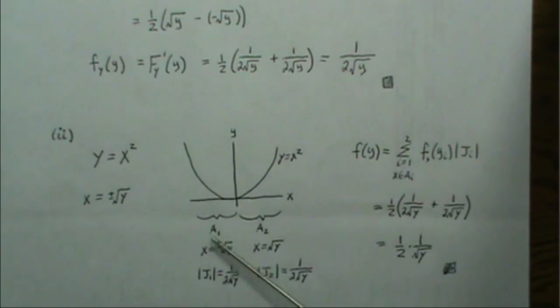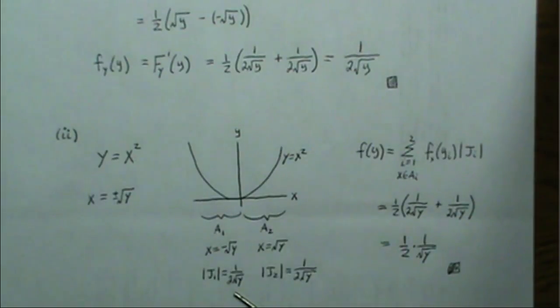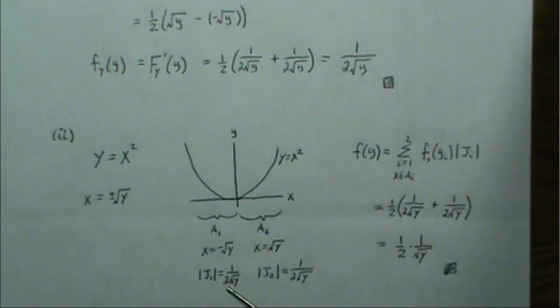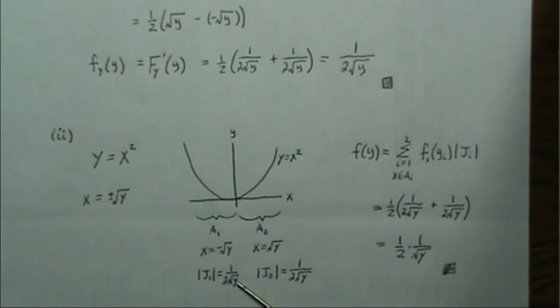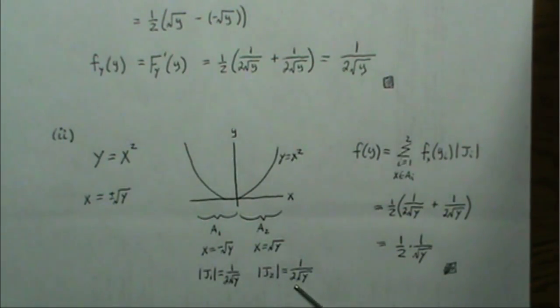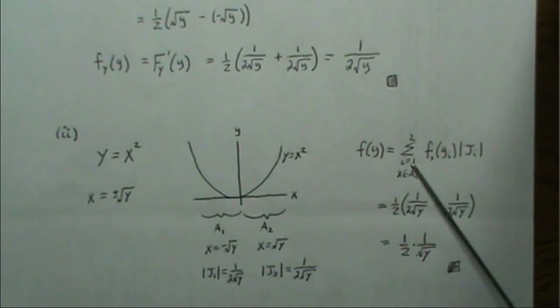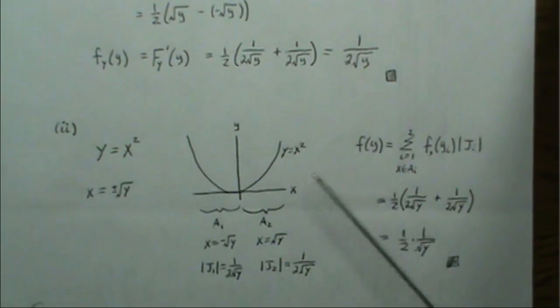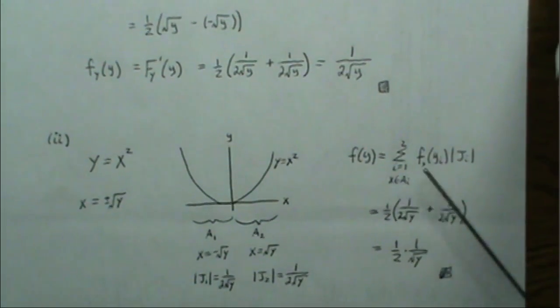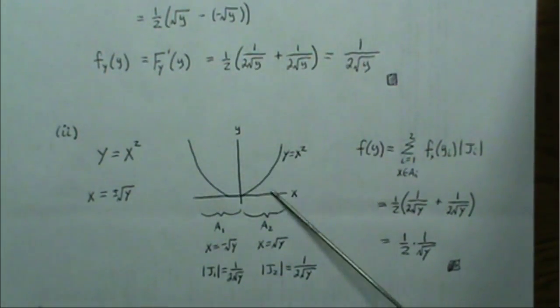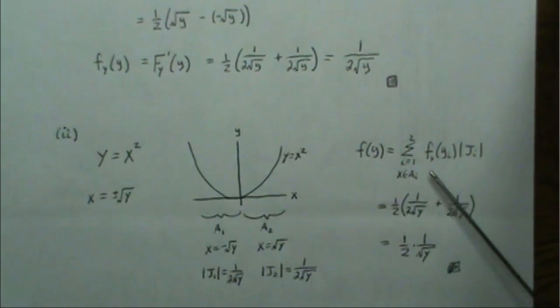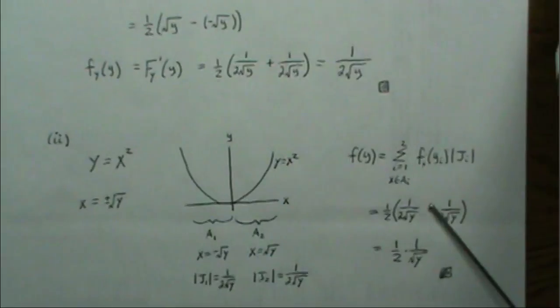The Jacobian over this transformation is 1 over 2 times square root of y, and same for this. So then the density is, for each y in a region, we sum over all the regions where that y can be back solved, which is both in this case.